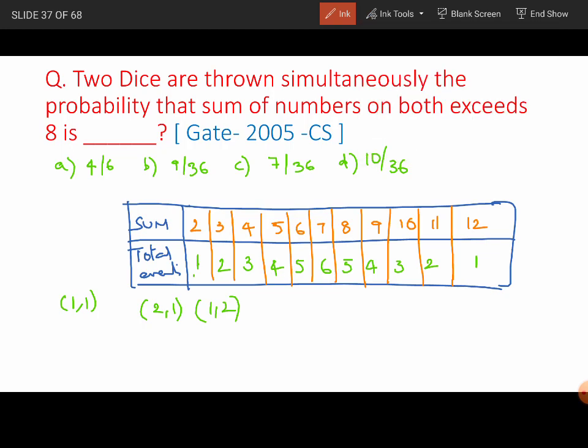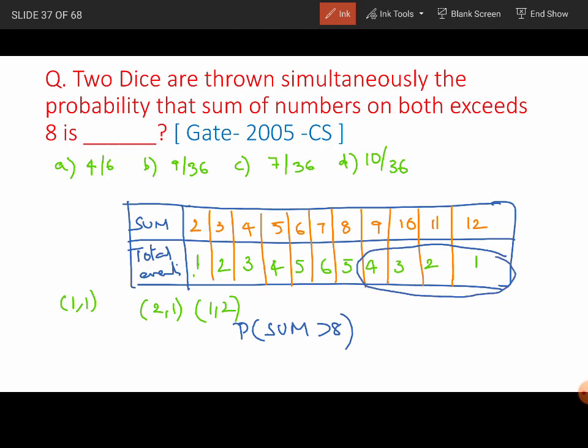Now the question is the probability that the sum is greater than 8. So the sum is greater than 8 means 9, 10, 11, 12.